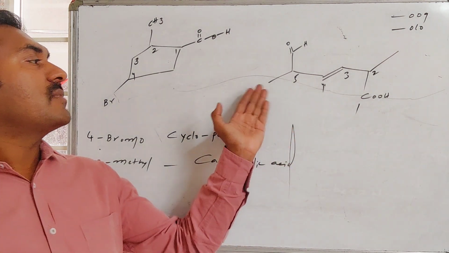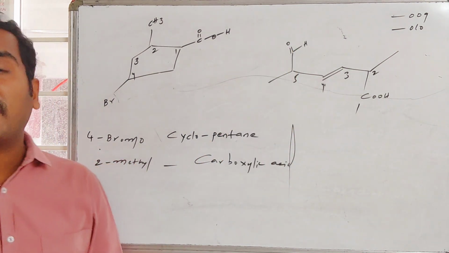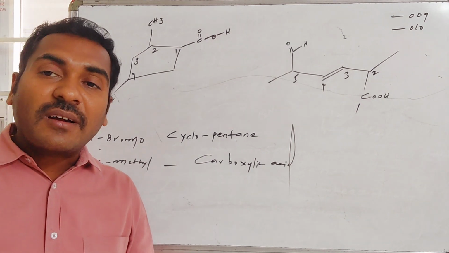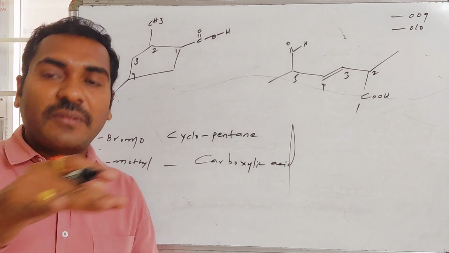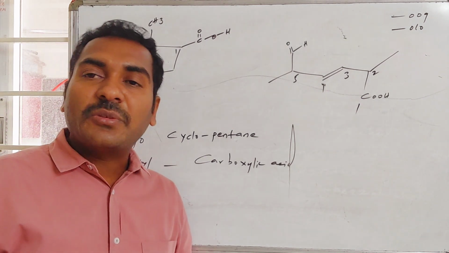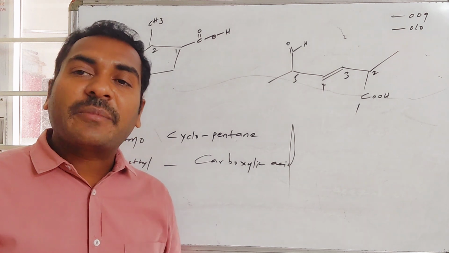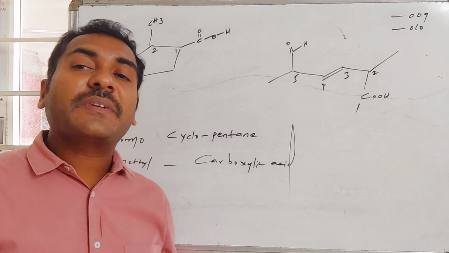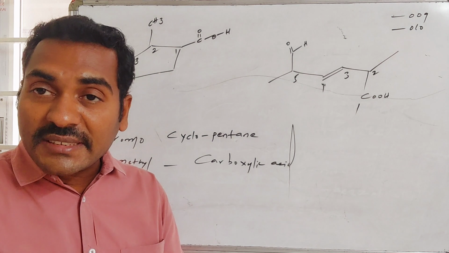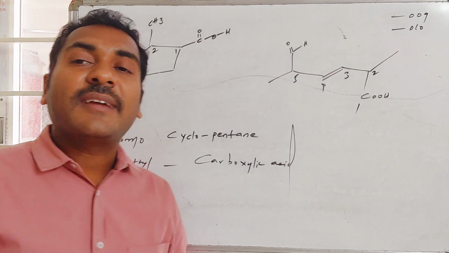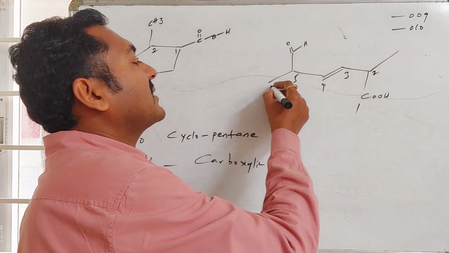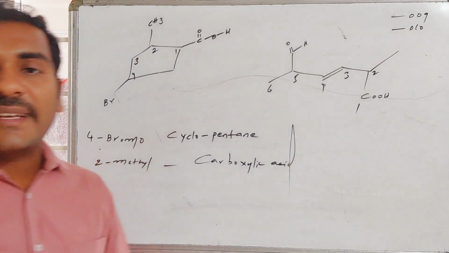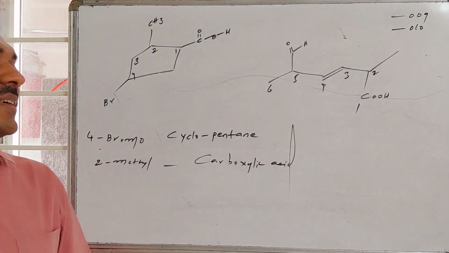There is a competition between methyl and aldehyde. But an aldehyde as part of a linear chain should be terminal, and if terminal it has to be claimed as number 1. But here that number 1 position is secured by the acid, hence we never claim this as the main functional group. It is considered as a substituent, that is, a sub-functional group.